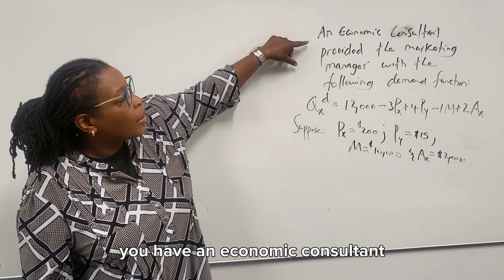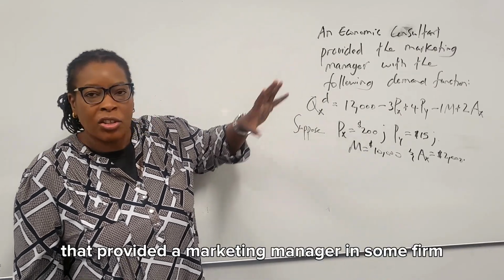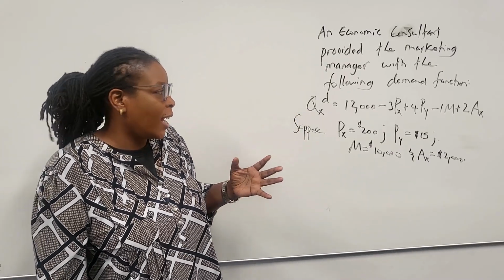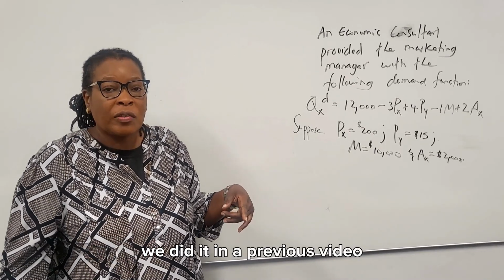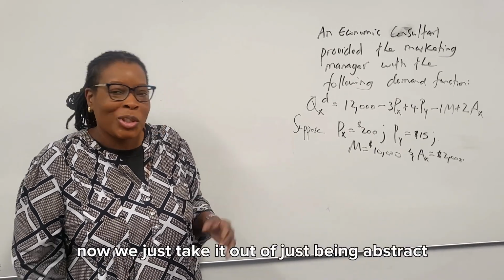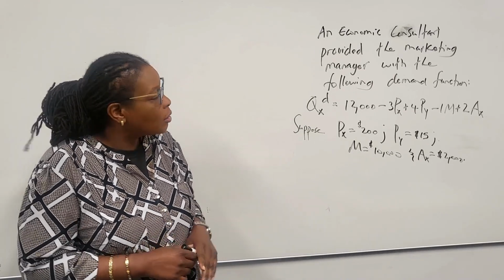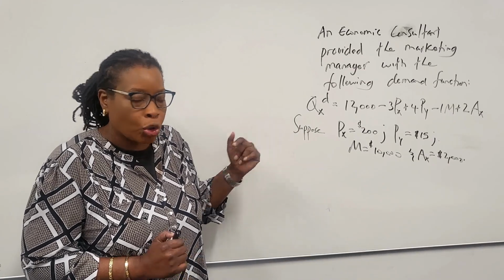You have an economic consultant that provided a marketing manager in some firm with the following demand function for their good X. And you know this functional form. We did it in the previous video. Now, we just take it out of being abstract and we have an actual demand function.